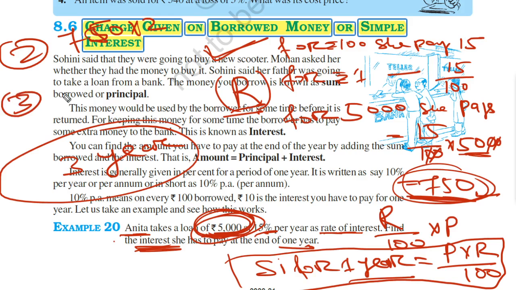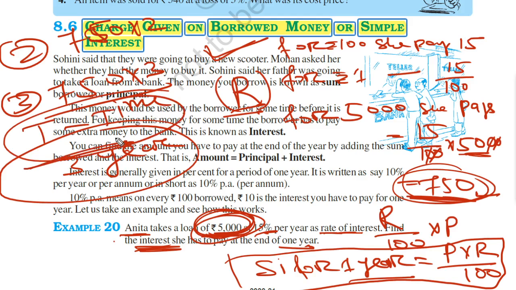For 3 years it will be 750 into 3, and so on. For 5 years, 750 into 5. Now for T years, T means time, the interest will be, before it was P into R by 100, for T years it will be into T.